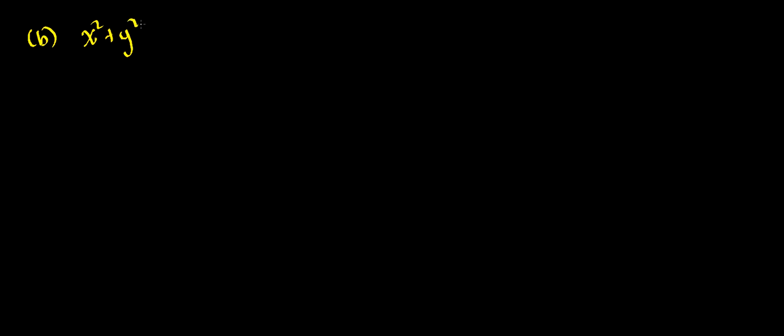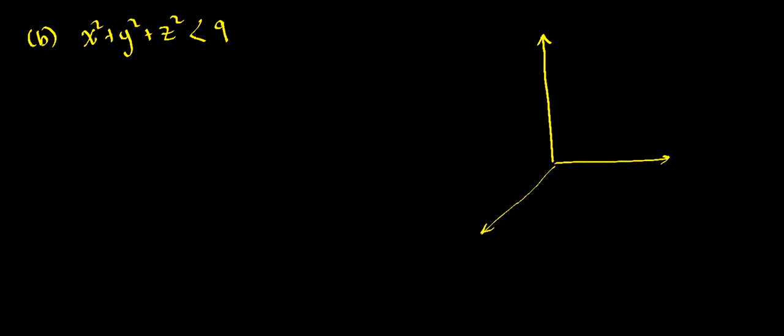Alright, let's have another example. X squared plus y squared plus z squared is less than 9. By looking at the equation, I know that this is an equation of a sphere, and the radius should be less than 3, because r squared is equal to 9, r is equal to 3. So I'm looking for all the spheres with radii less than 3.